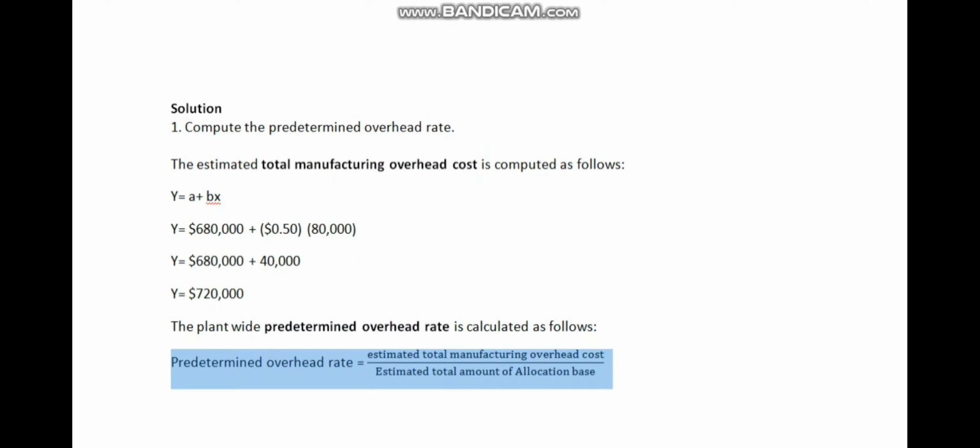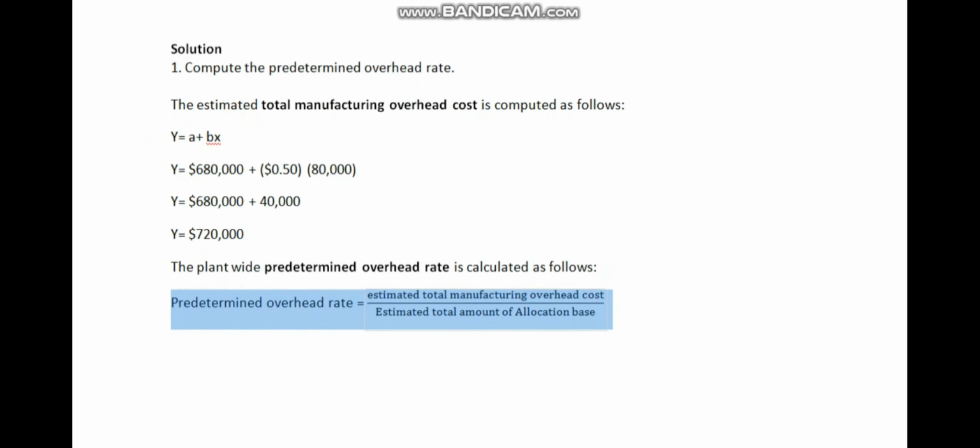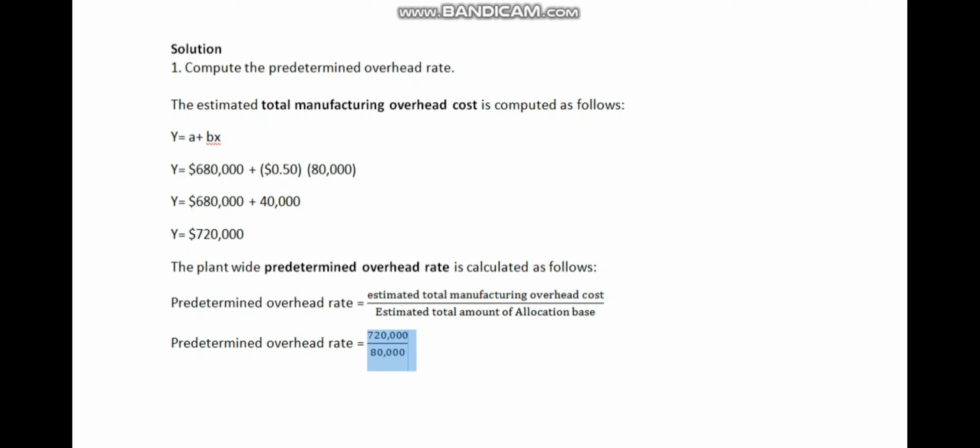Let's list the formula first. Estimated total manufacturing overhead cost is our $720,000, and the estimated total amount of allocation base is 80,000 hours. I'm going to put the values. When I solve it, I get $9 per direct labor hour as my predetermined overhead rate.